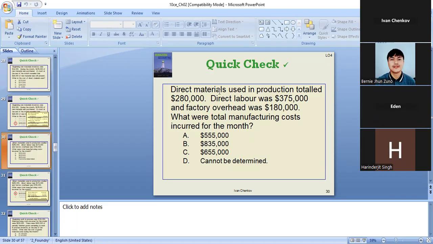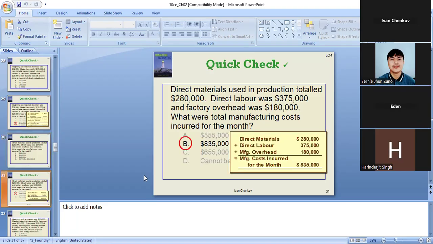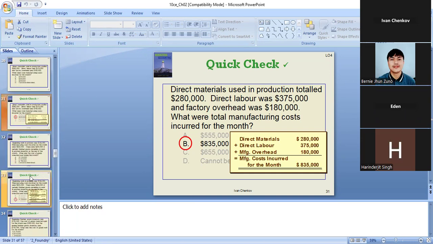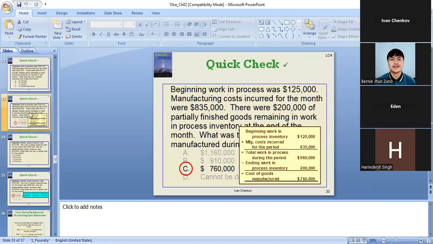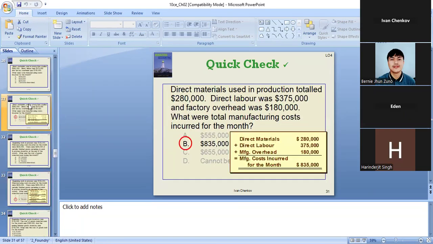Yes, once we combine those three together, we should get 835. So now, 835 is where we are. Not this one here. 835 is our total cost for the month.